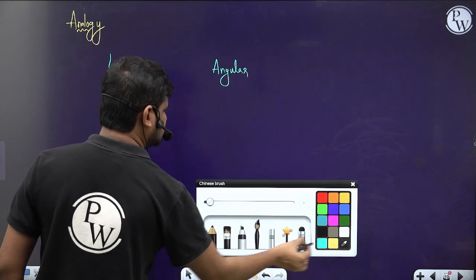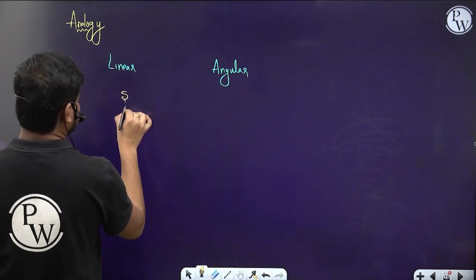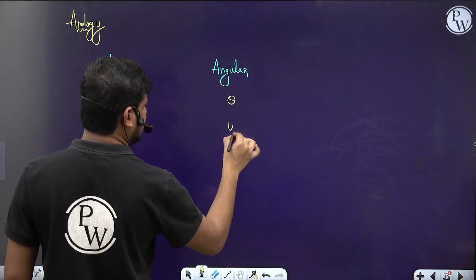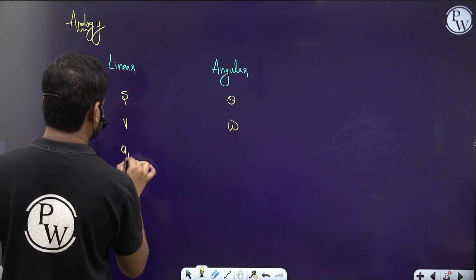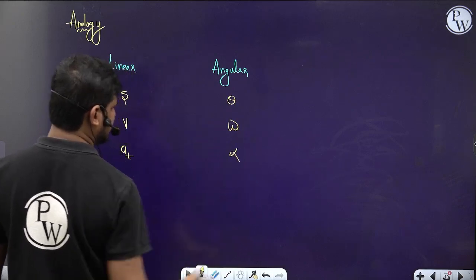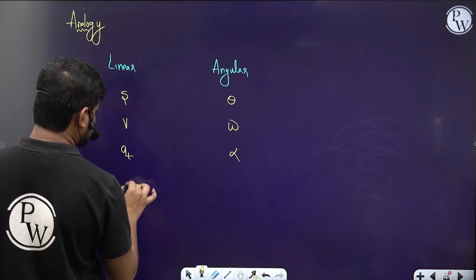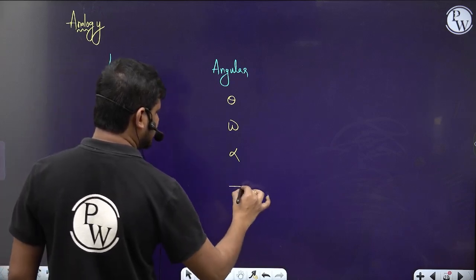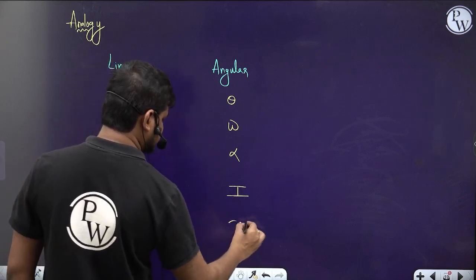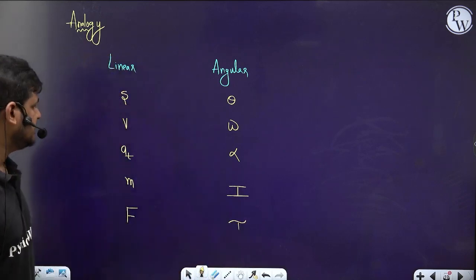In the linear terms we know the displacement, here theta; the linear velocity, here the angular velocity; the tangential acceleration, here the angular acceleration alpha; the mass, here the moment of inertia; and whatever role the force plays, here the torque plays. Yes or no?